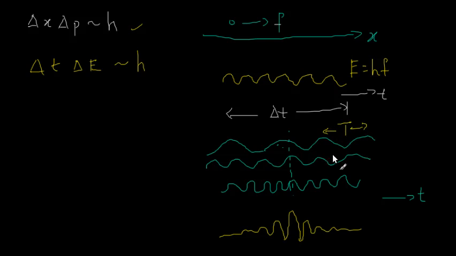So by adding different periods together, and different periods means different frequencies, of course, frequency is 1 over the period. So by adding the different frequencies together, I would end up with a wave that lasts for a finite time, rather than a wave that lasts forever.